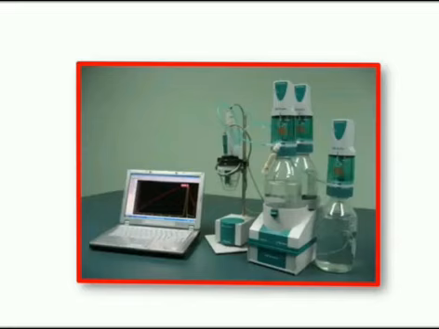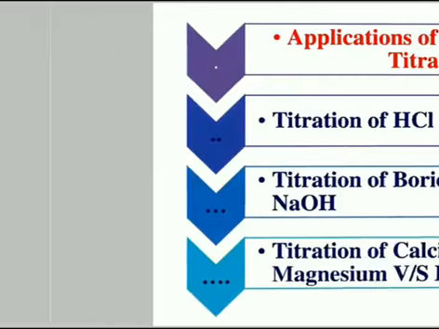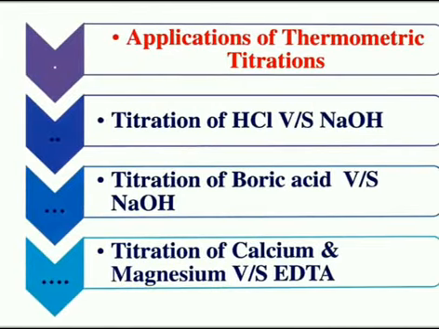Now we shall discuss some applications of thermometric titrations. One is the titration between hydrochloric acid and sodium hydroxide, and the titration between boric acid and sodium hydroxide. Another one is the titration of calcium and magnesium with ethylenediaminetetraacetic acid.